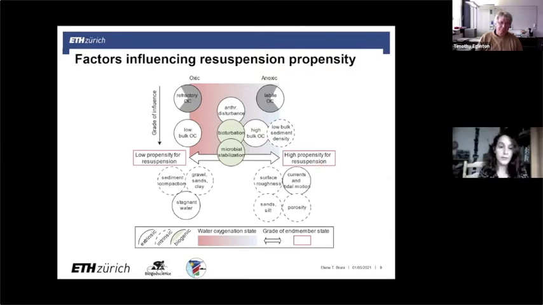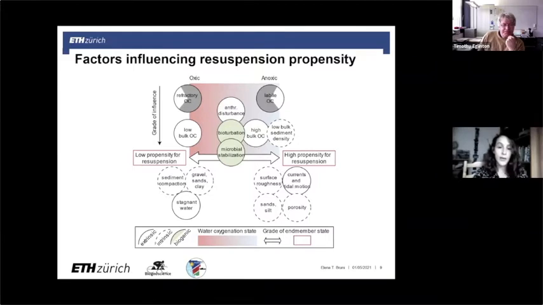Then the factors which are less influenced by oxygenation state are plotted now. Here we have, for example, the currents and tidal motion or the grain size. Again, the grain size here shows large grains, and if a sediment contains gravels, we expect it to show a low propensity for resuspension.